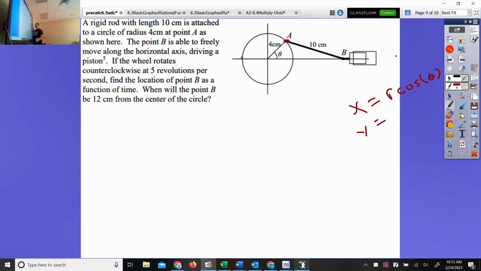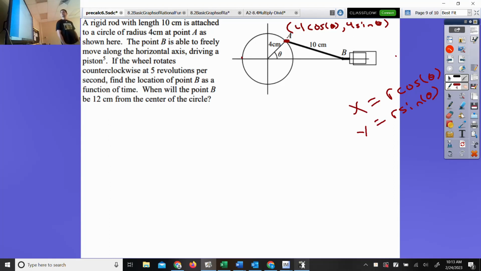How about Y? R sine theta. What's the radius of the circle? 4. So there is a point that's known. It happens to be at 4 cosine theta and 4 sine theta.